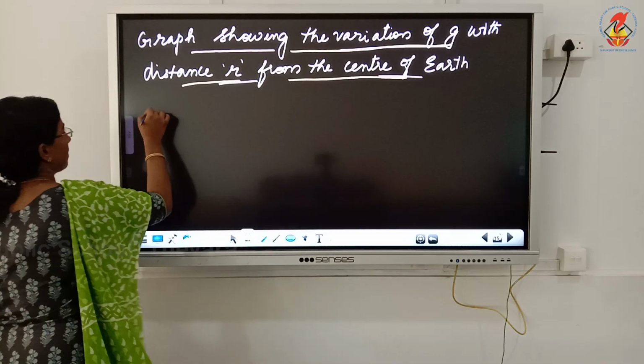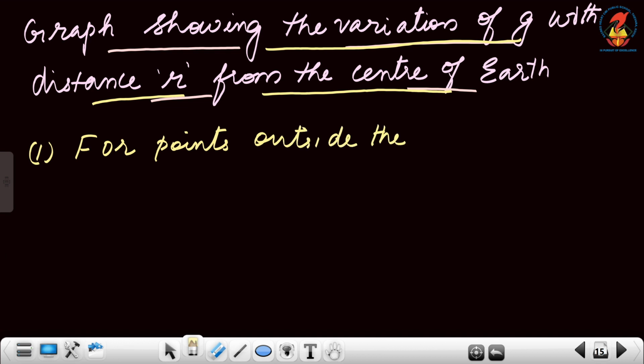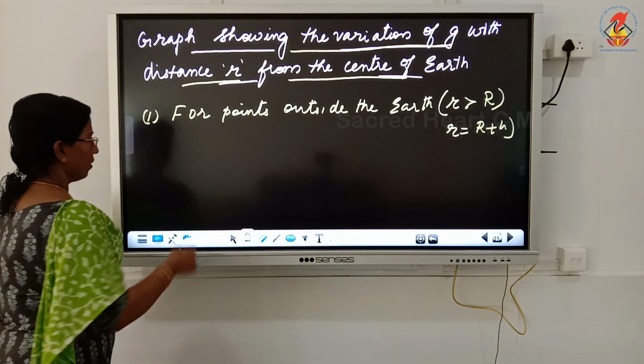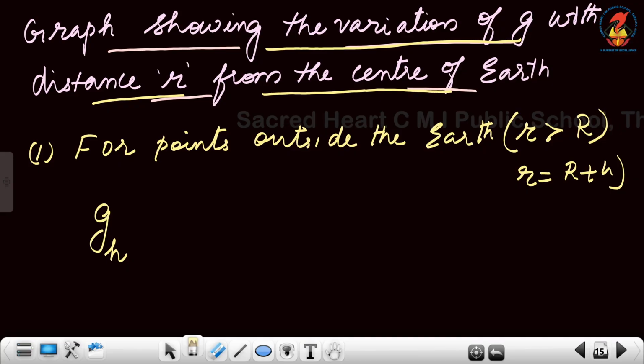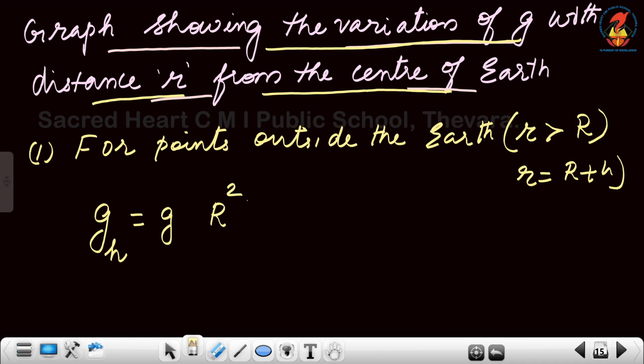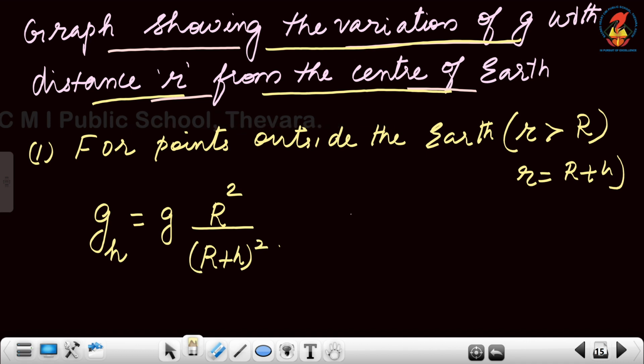So first, for points outside the earth, that is for r greater than R, where r is actually R plus h in the equation. The equation relating g_h and g is g_h equal to g into R square divided by R plus h the whole square.